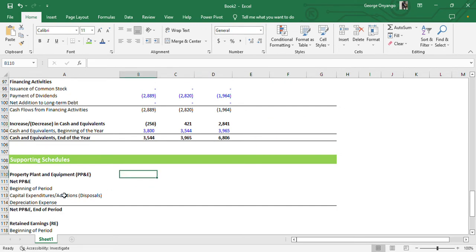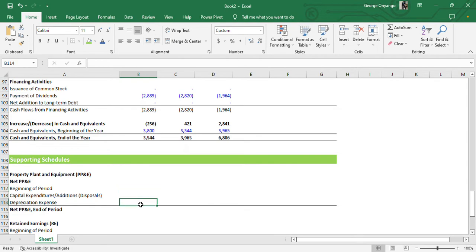We also have the supporting schedule, that this one also we need to complete. So we can see here we have the beginning of the period. The beginning of the period means that these are the property, plant and equipment from the previous year, that is 2009. Then we have the capital expenditure, if that particular company spent some money on buying capital expenditures. Then we also have the depreciation expense.